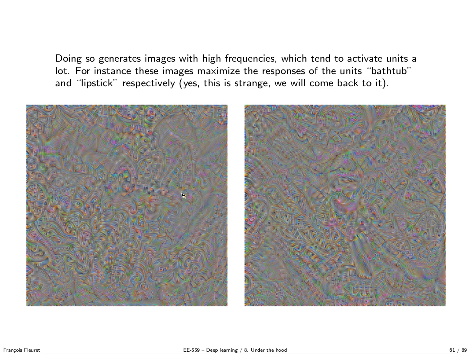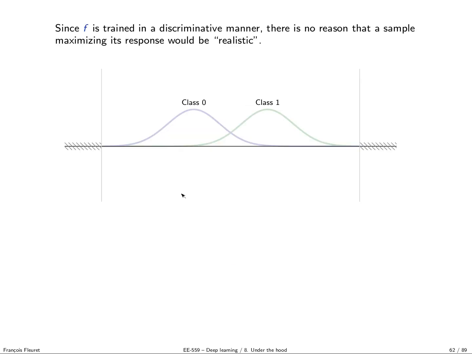This may be surprising, but actually it's not, because those networks are trained with discriminative objectives, so they just try to separate classes from each other, which means that they make a decision based on which class has the highest probability given the input signal. In some way, it's like Bayesian inference with a uniform prior distribution over all the images.